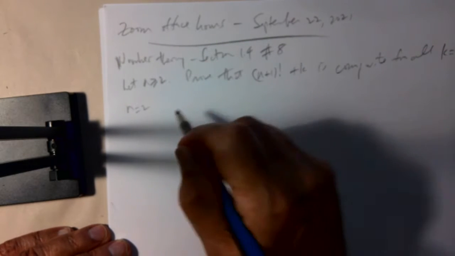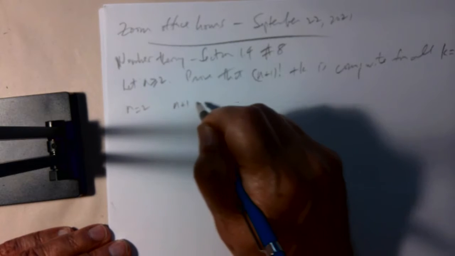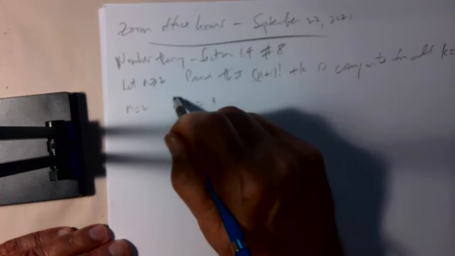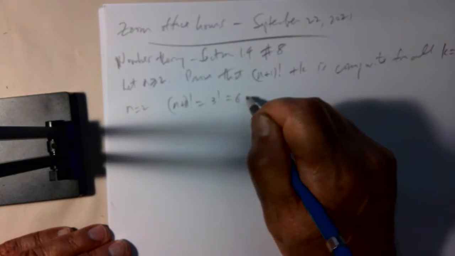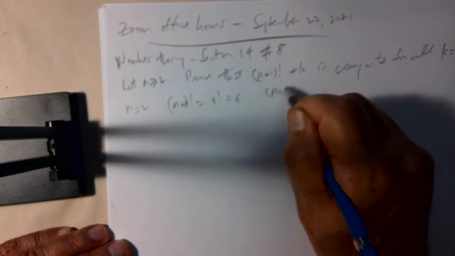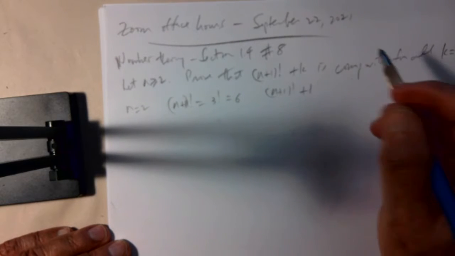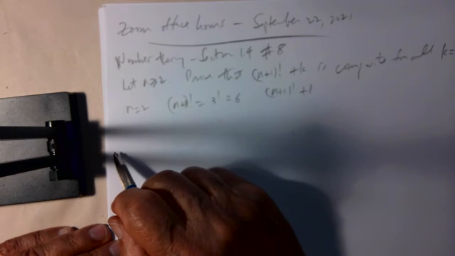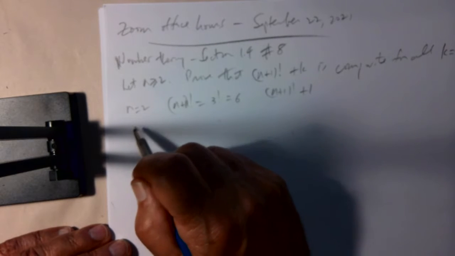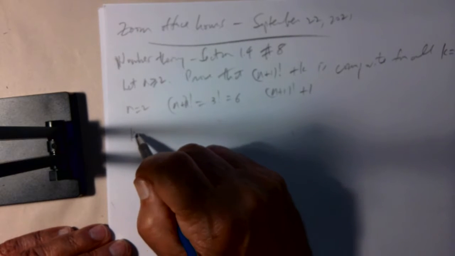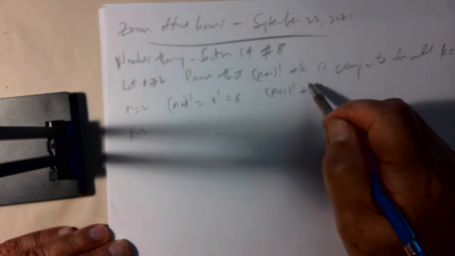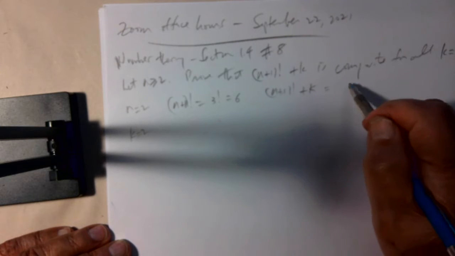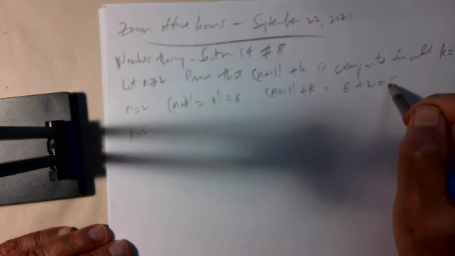Suppose n is equal to 2. So n+1 is 3. So (n+1)! is 3 factorial, which is 6. So this is k equal 2. So (n+1)! + k is 6 plus 2, which is 8.